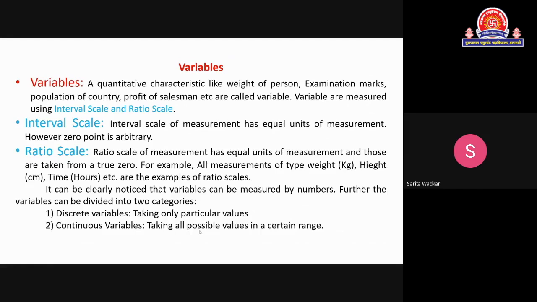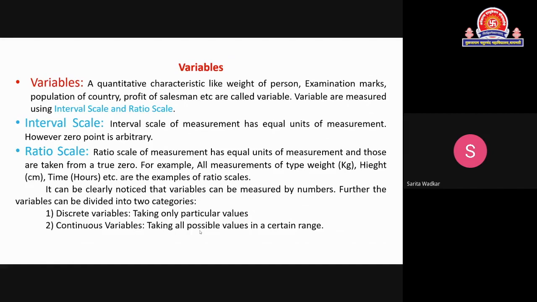So, what do we understand by variable and attribute here? Variable is a quantitative characteristic, and attribute is a qualitative characteristic. The best example I am going to give you here is that the examination result of a candidate can be recorded as pass or fail, which is a qualitative characteristic, whereas we can express the candidate's performance as percentage of marks, which is a quantitative variable.